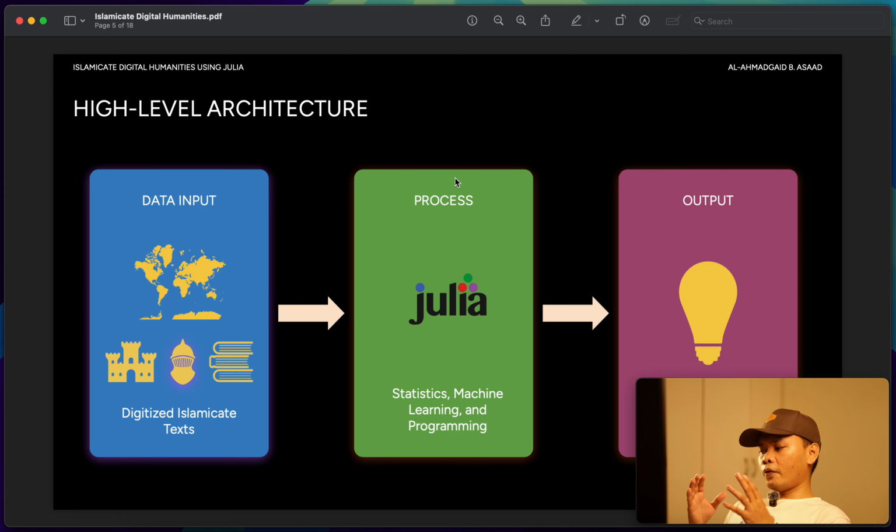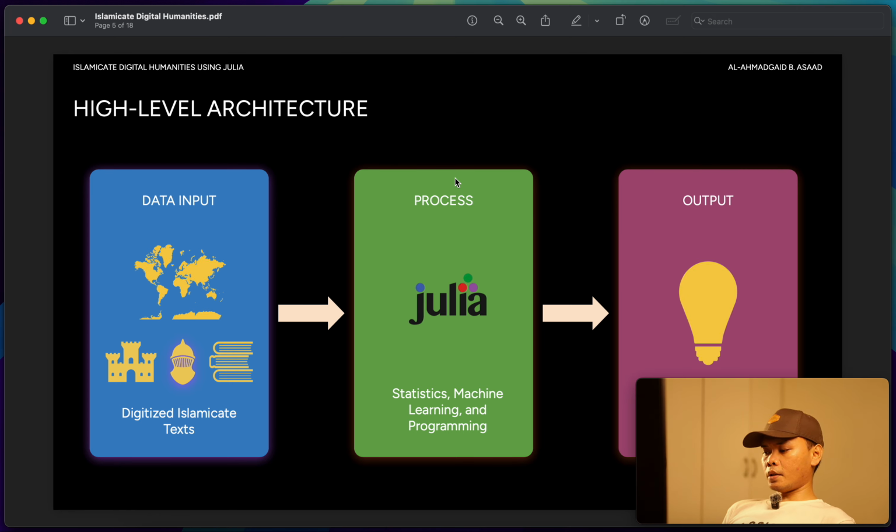And then after that, we're going to have our output. Our output, similar to the manual work, is getting insights. But the good thing about the digital humanities field is that likely we are able to get some new insights, because we can take advantage of the power of computers that we have nowadays, which can process many instructions, or do several processing tasks, for example.